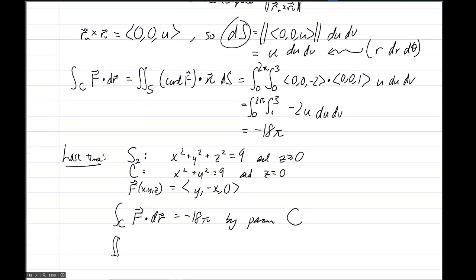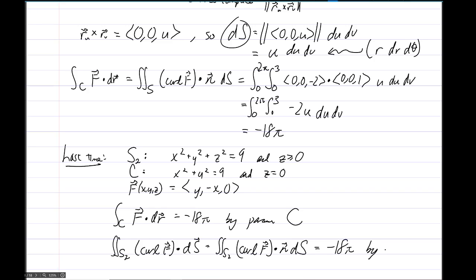And then the surface integral over this new surface, the surface from last time, of curl of F dot dS, or if we write it as a double integral over the surface of curl of F dotted with a different n vector, dS, we also got negative 18π, and we did this by parametrizing S sub 2, the northern hemisphere. But here's the thing I want you to notice: we got negative 18π here and there.